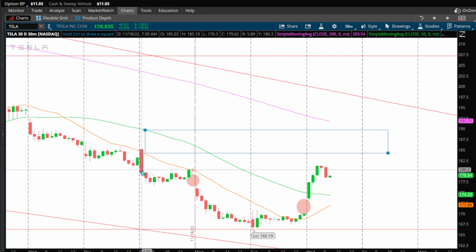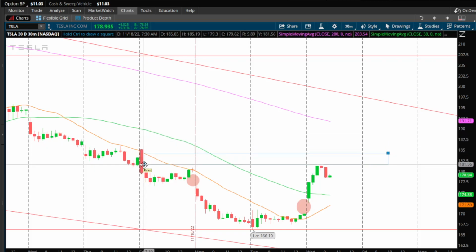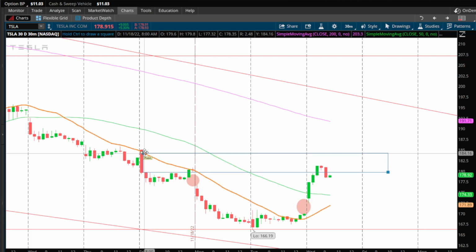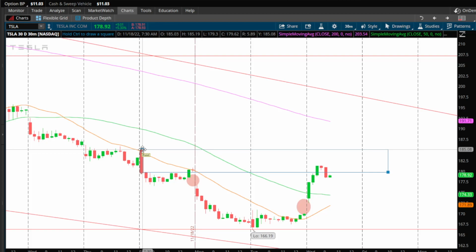But look at this massive red authoritative candle right here. So this massive red candle would likely dictate where price action could go in the future. So I'm just going to go ahead and draw out a potential trading zone that we could see if we manage to hold price action above this gap.